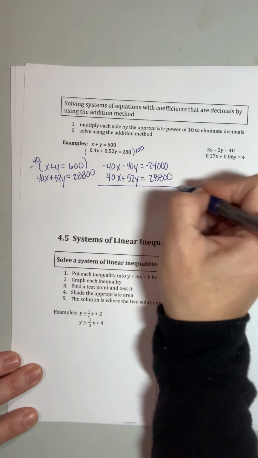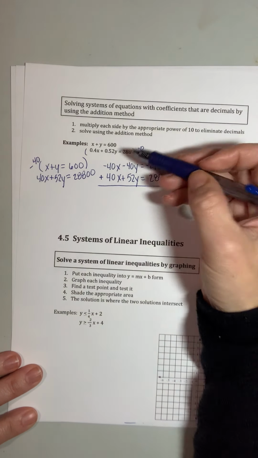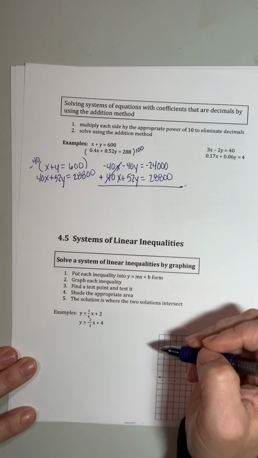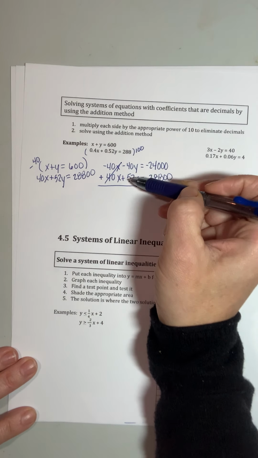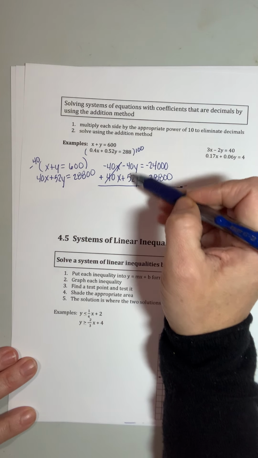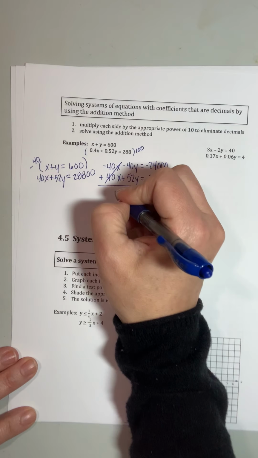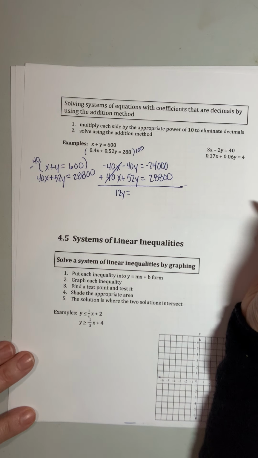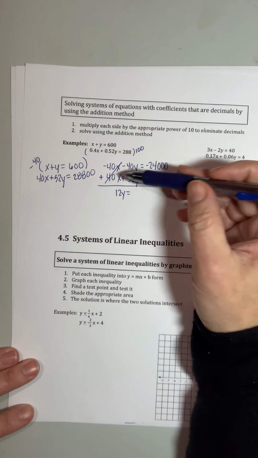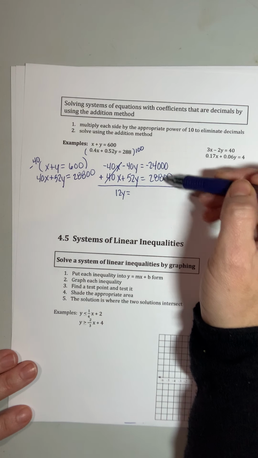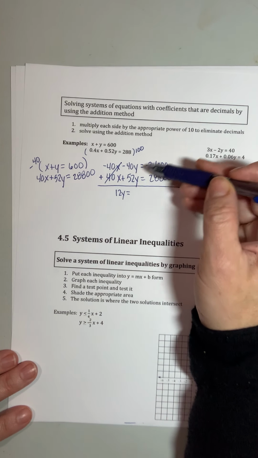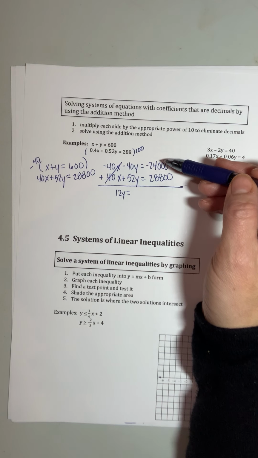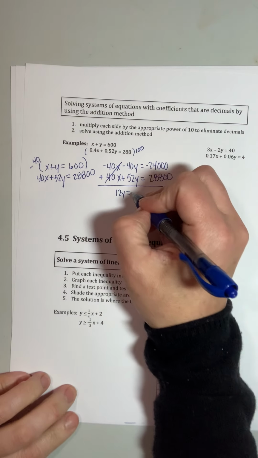Okay, now I can do my addition because now I have opposites that'll cancel those two out. So negative 40 plus 52 is one of each, so I need to subtract, so I get 12y. Negative 2400 plus 2800 is one of each, so you would subtract and you would put the 2800 on top and you would get 4800.